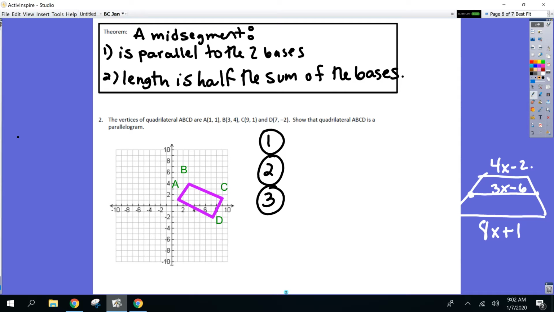Did you do parallel? Anybody do distance? Okay, distance. What do we get? I got square root of 45 for BC and square root of 45 for AB. Okay. Square root of 13 for AB and square root of 13. Yep, you should have got square root of 13 and square root of 45. Slightly disappointed in the square root of 45, because you didn't break it down, but it's still acceptable. 3 radical 5 if you did break it down.